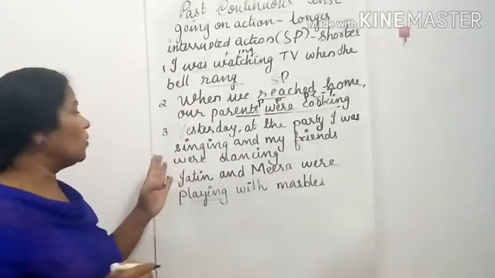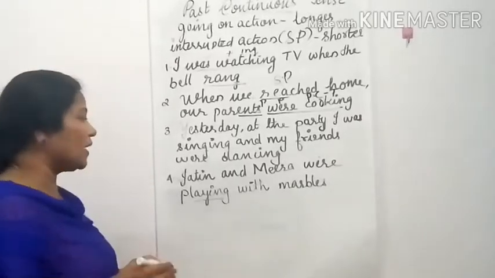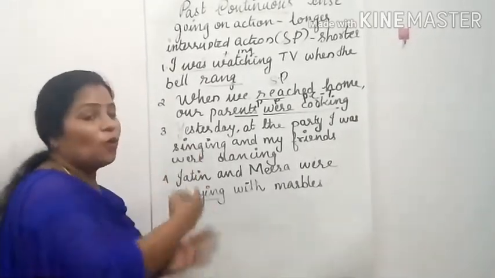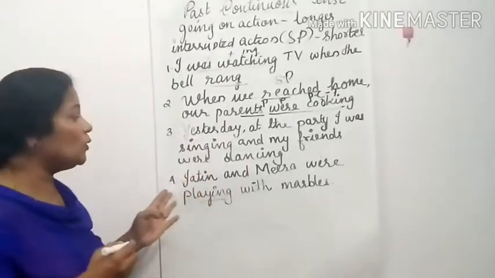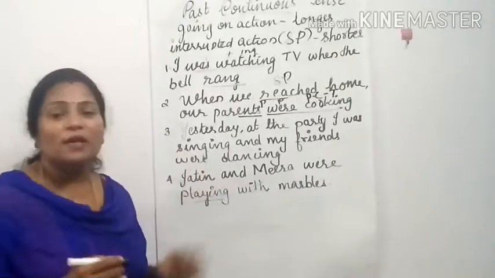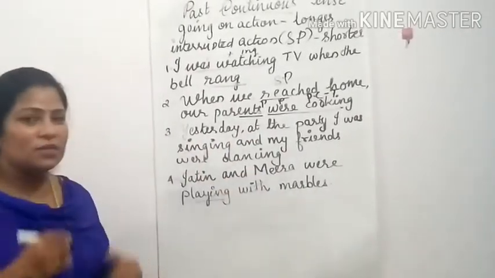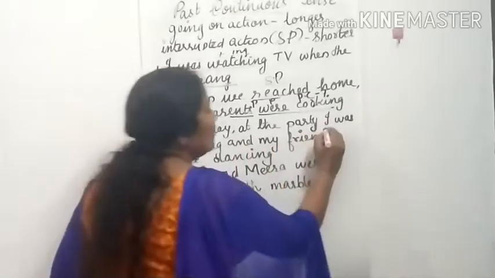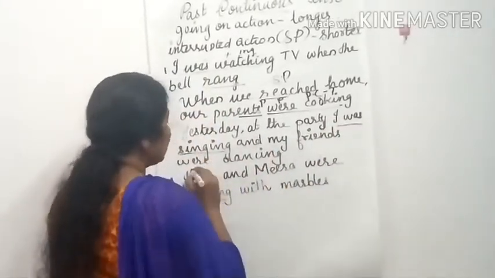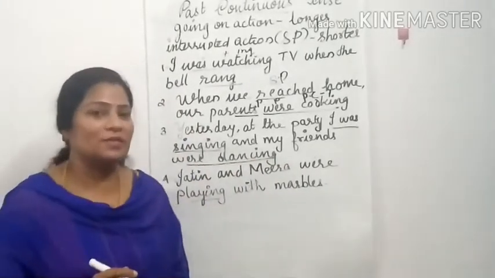The next one, third one. Yesterday at the party, I was singing and my friends were dancing. Okay. These are different forms of examples that I am showing you, of how all you can use this past continuous tense. So yesterday at the party, I was singing. So we got here one past continuous tense and my friends were dancing. So two past continuous tenses. Okay.